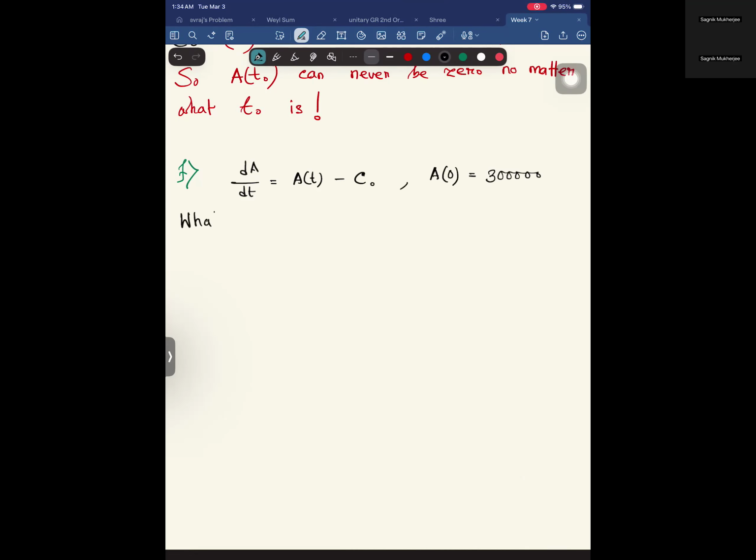What value of C0 will guarantee that A of t is never 0? This is a very fun problem.